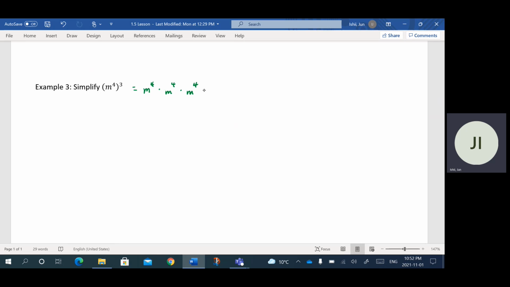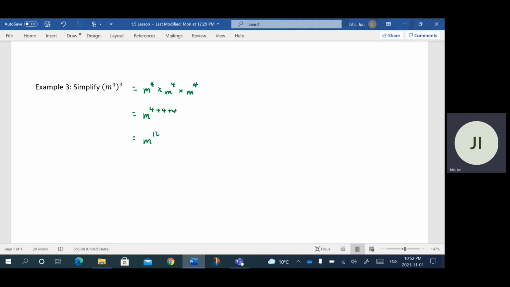The m to the fourth is in the brackets. If we apply the first law, it's m to the 4 plus 4 plus 4. Now I've written it as a product. If I apply the first law, I add the exponents together, which equals m to the 12.